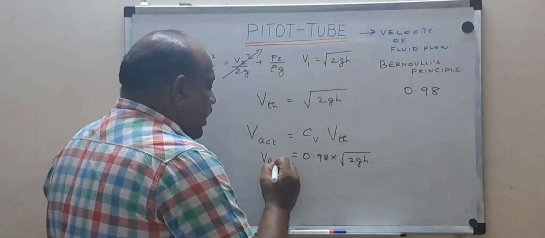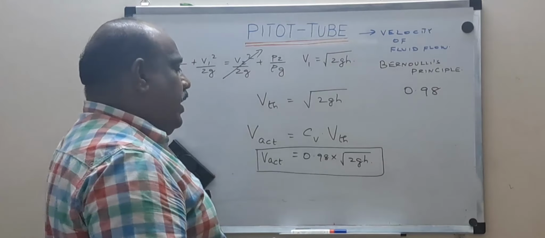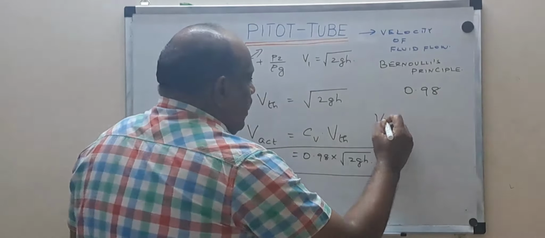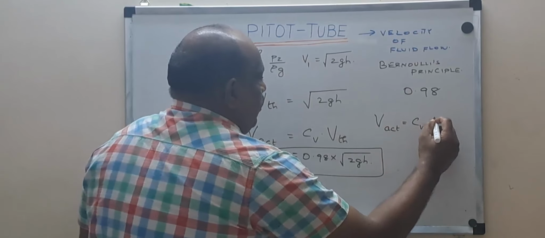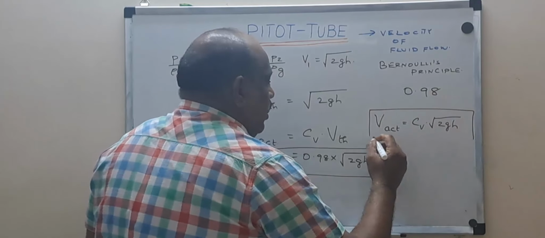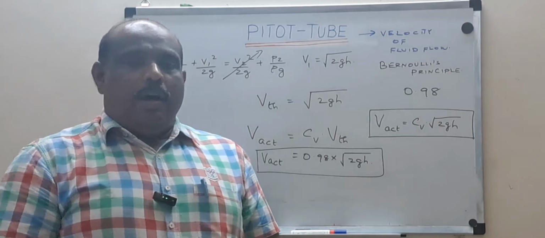This will give me the actual velocity flowing through the pipe. Generally we do not give numbers, so we'll go with the formula. V actual is equal to Cv into square root of 2gh. This is the formula you should recall to find the velocity of the fluid in a pipe.